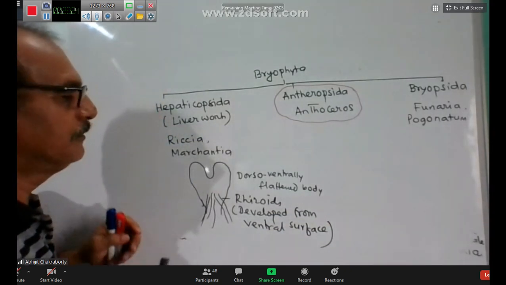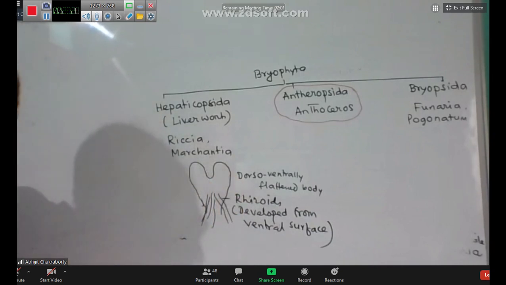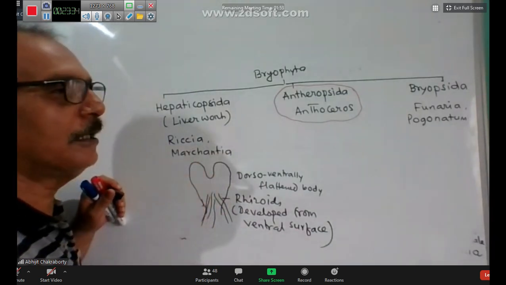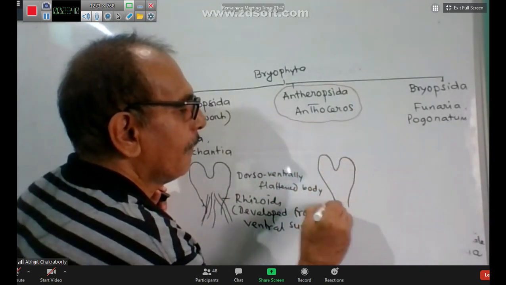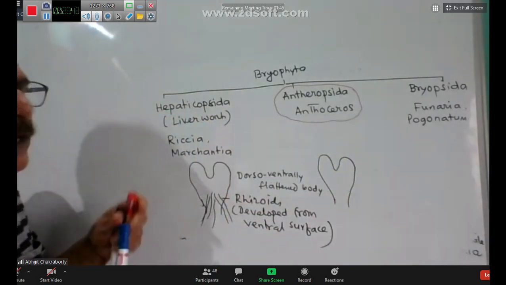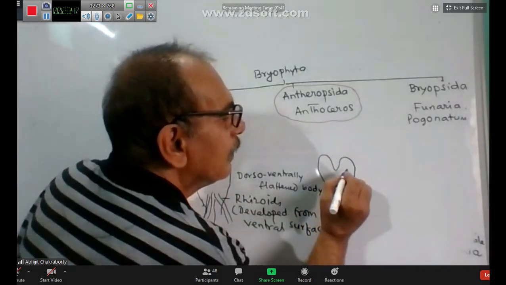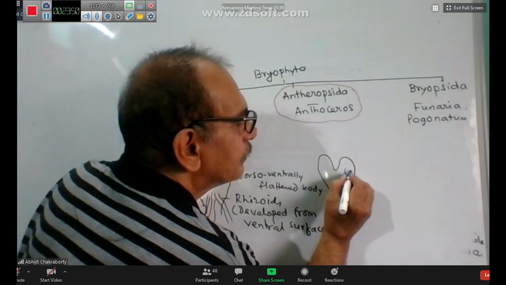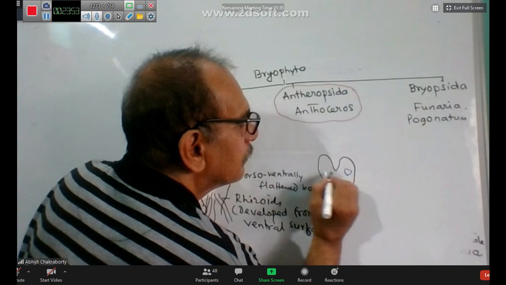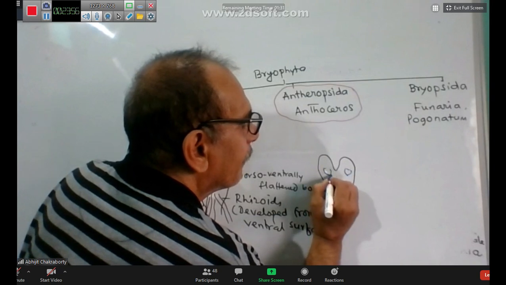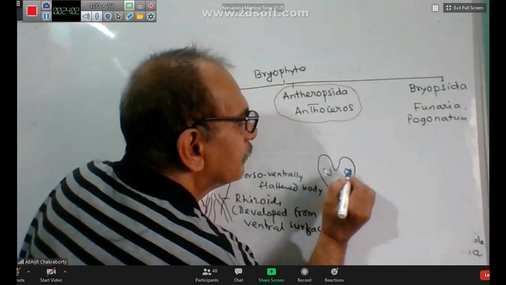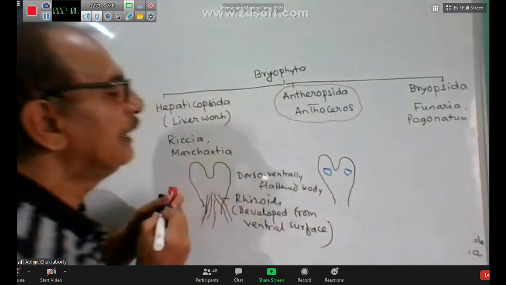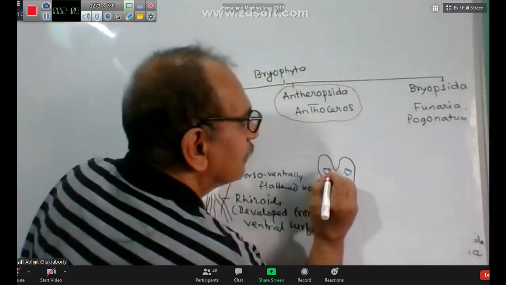Now, the attached surface should be the ventral surface. Now, on the dorsal surface you will get some cup-like structures, and inside this structure you will get a bud.